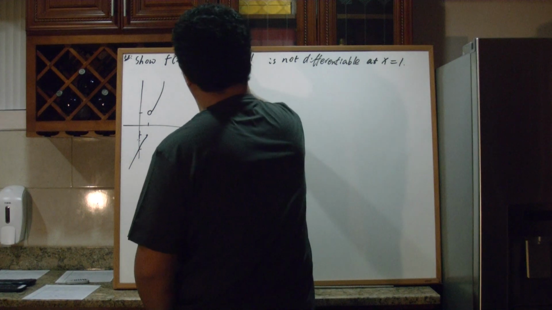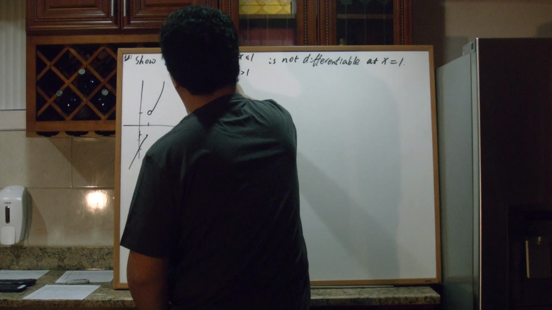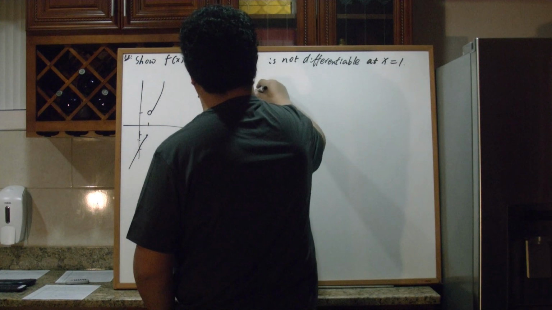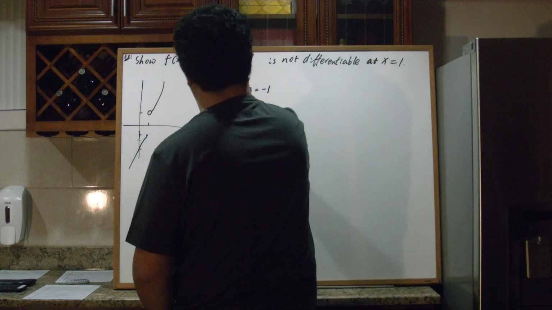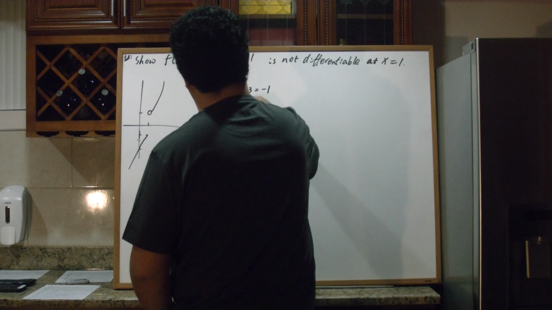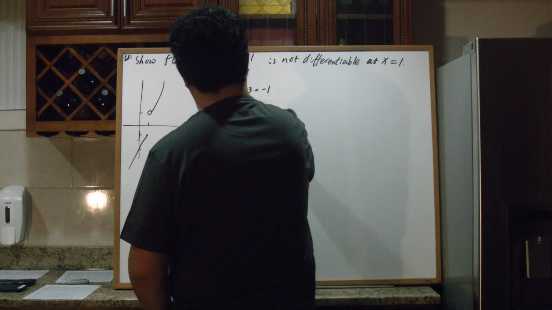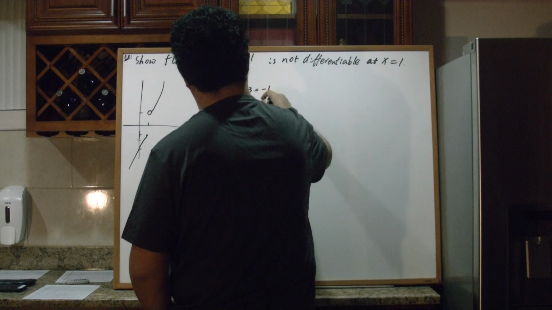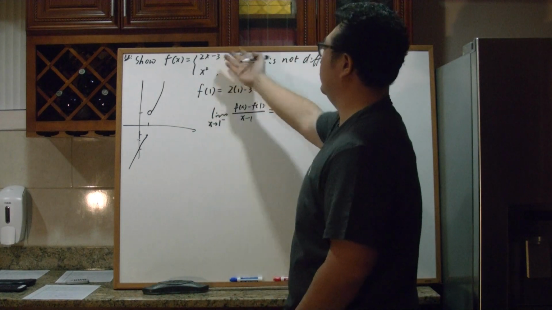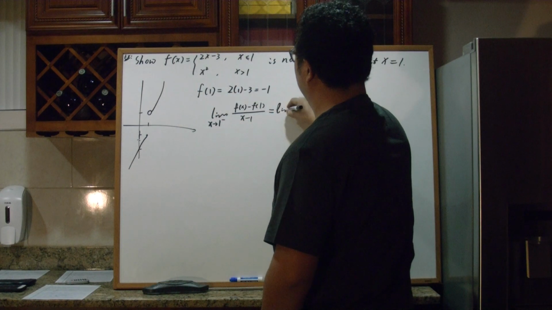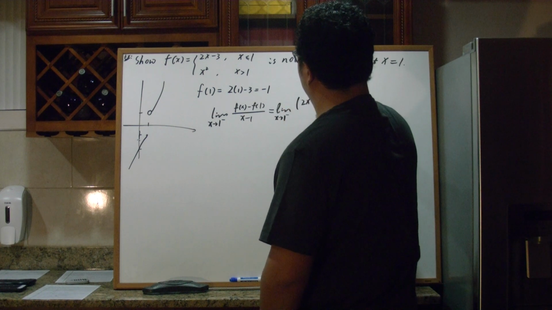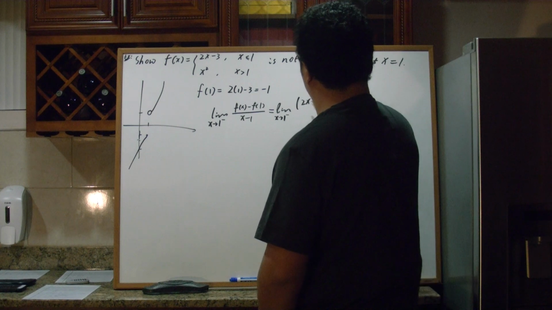Basically f of 1 is equal to 2 times 1 minus 3, which is negative 1. So the limit of f of x as x approaches 1 from the left, where x is smaller than 1, we have the function 2x minus 3.